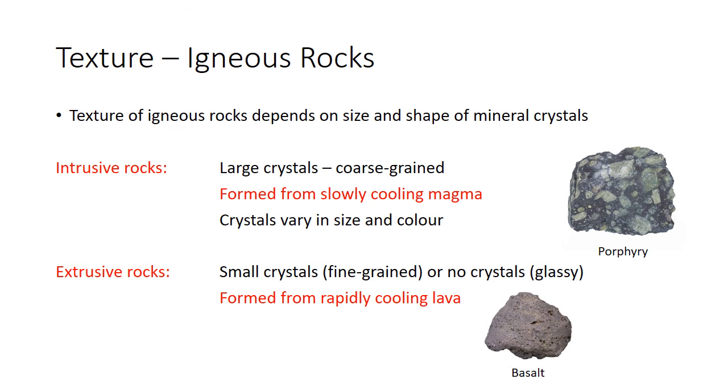An example of a fine-grained rock is basalt. A really cool example of a glassy rock is obsidian. Obsidian has no crystals. It is glassy, and it is formed when lava shoots out of a volcano very fast.